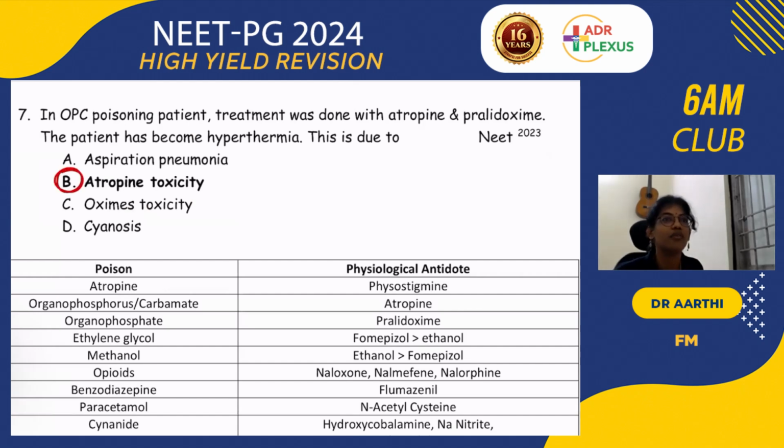Okay, ma'am, for oleander poison, is there any specific antidote? There is no specific antidote for oleander poison, but we use something called digoxin immune Fab, also known as Digibind.